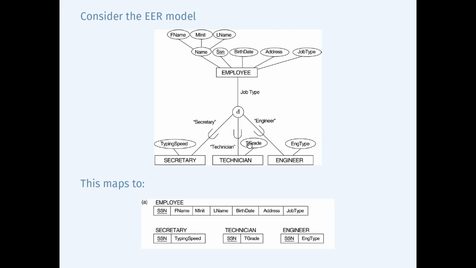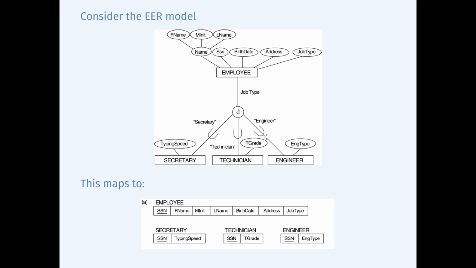The second one is that you can also put only secretary, technician, and engineer. That means only 3 relations. But 3 is allowed only if all the instances can be classified into these, whereas in this example, you have a single line. Single line means there could be some places where some of the employees do not belong to any of these.